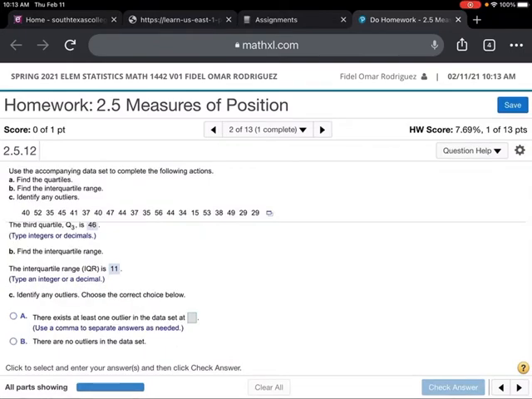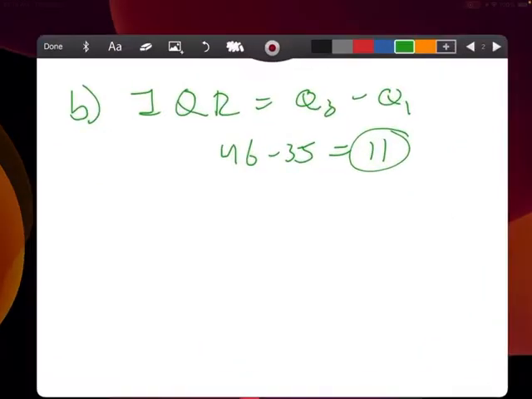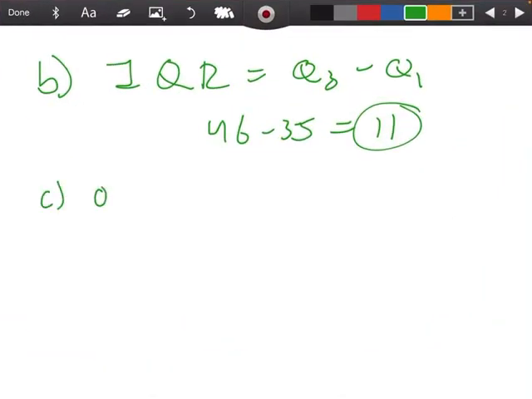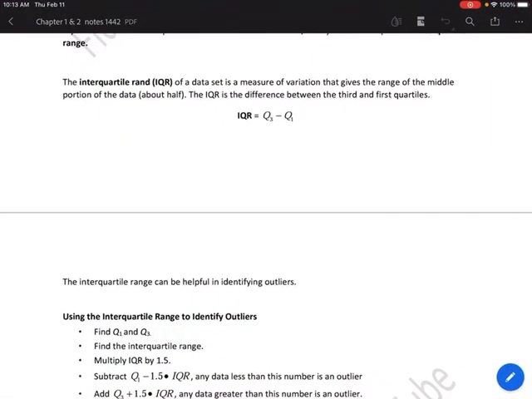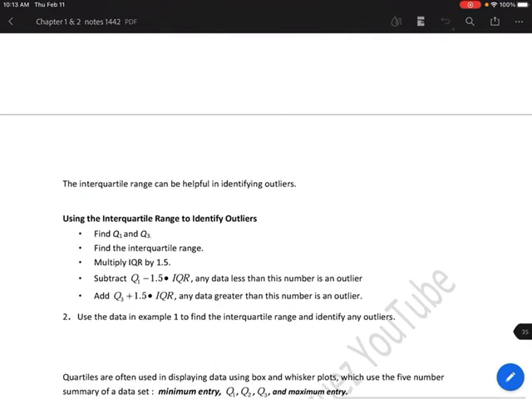Then part C says let's find any outliers, okay? In case you weren't sure what an outlier is, the way we find our outliers is we take Q1 minus 1.5 times IQR, and any data that we have less than that is an outlier. Then we take Q3 and add 1.5 times IQR, and any data that's greater than that number is an outlier.